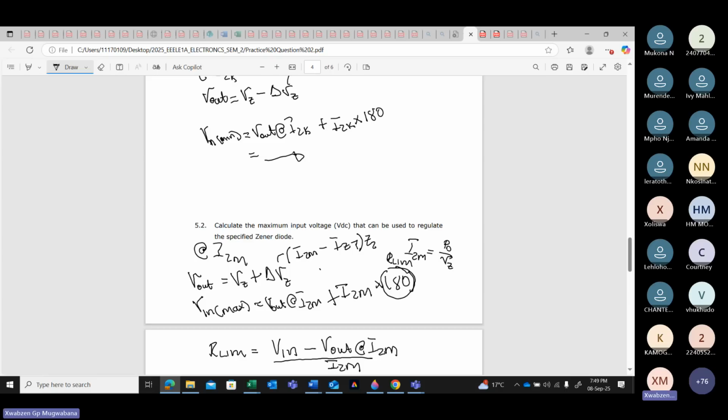Sir, will they give us the formula sheet? We're working without even formulas here. But at least, sir, for the first part, the bridge rectifier, please. At least this one we will be able to.